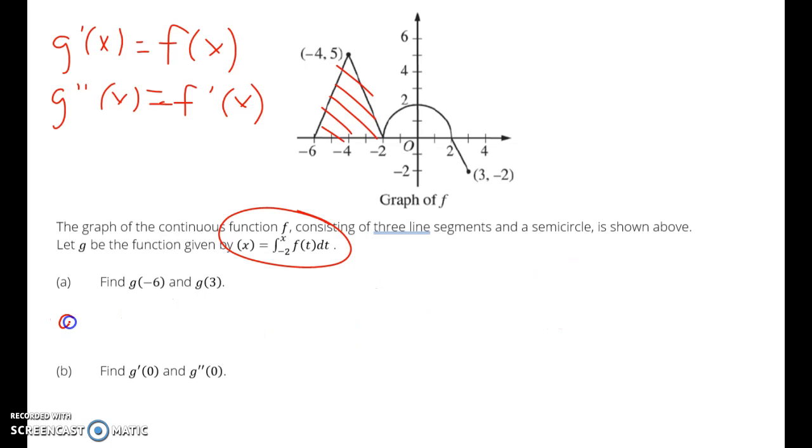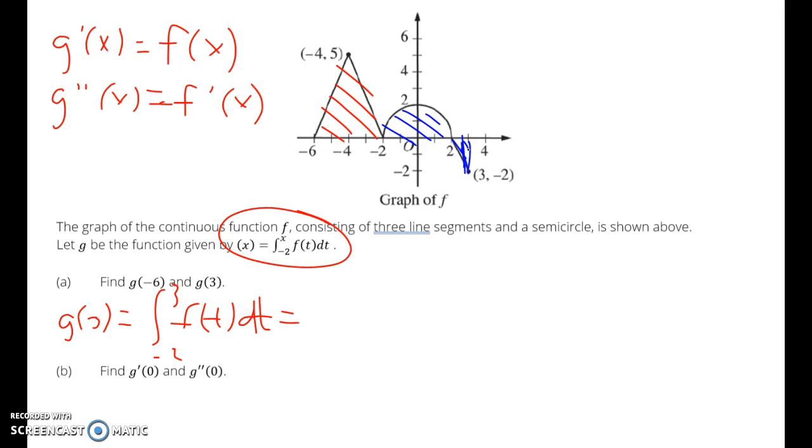Okay, I'm going to do the same thing now for g of 3. That's defined for me then as the definite integral from -2 to 3 of f of t. No need to flip my bounds here because they're in the right order. So I just start accumulating area. Let me change colors. It's going to be this semicircle and this baby little triangle here at the end, which notice is negative.